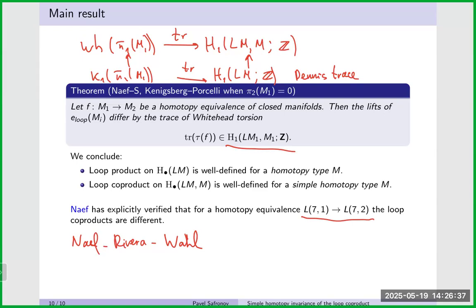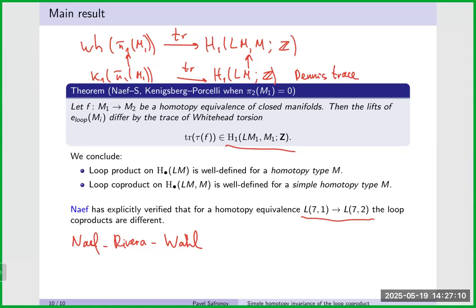I would say the main result is split into two steps. First of all, you want to understand how the loop coproduct changes. What we explain is that you can split the question into first understanding how this Euler structure changes, how this trivialization changes, and then out of that, there's some complete algebraic computation showing that that's how the loop coproduct changes.